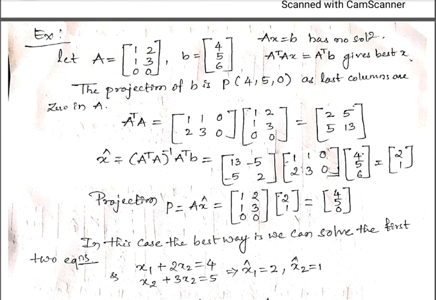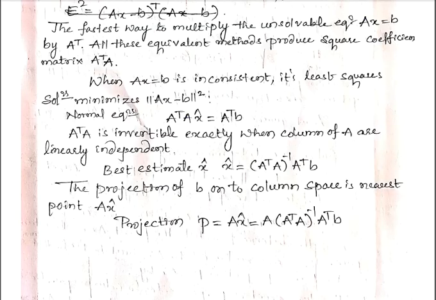Now, the best estimate means what should be the value of x. Here we get A transpose A, x cap is equal to A transpose b. But the further step has to be either Ax minus b the square, or finding the value of x.